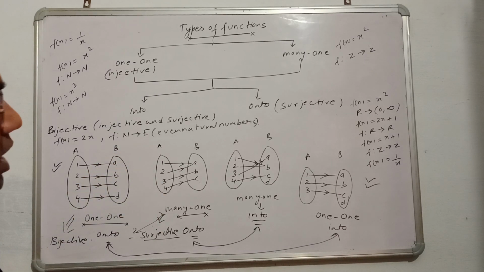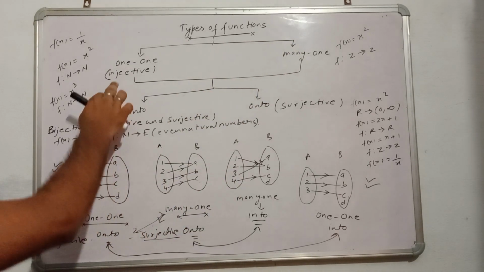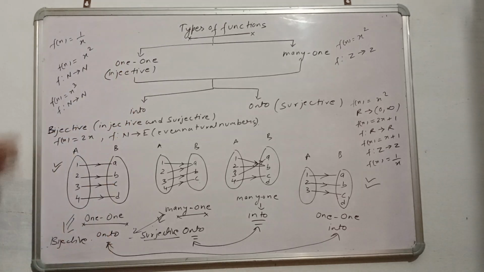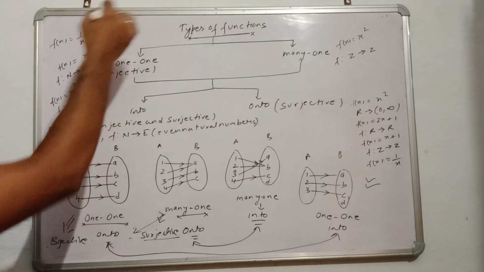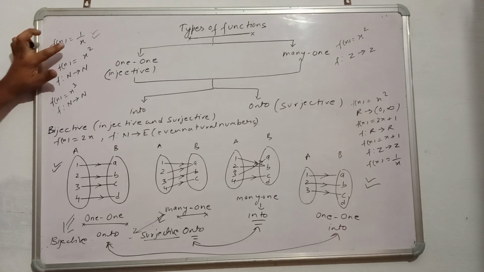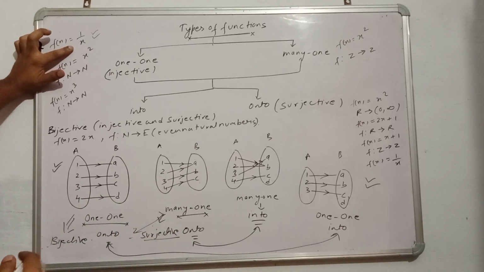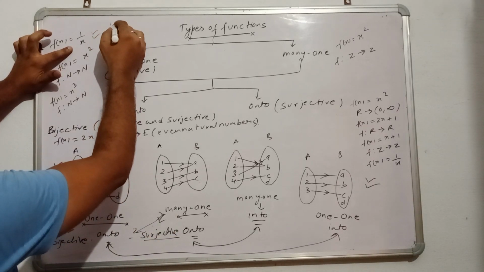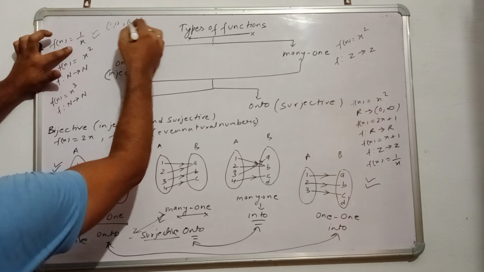Now let us see the following examples given here. For one-one, I have written some examples. First example is f(x) = 1/x. If you put x equal to 1, you will get 1. At 2 you will get 0.5.